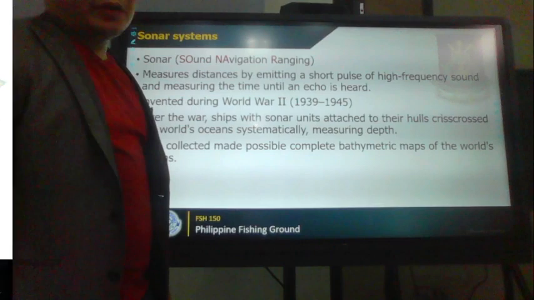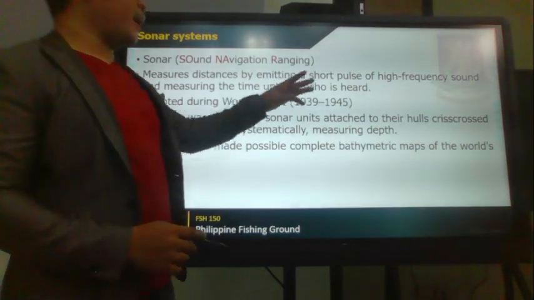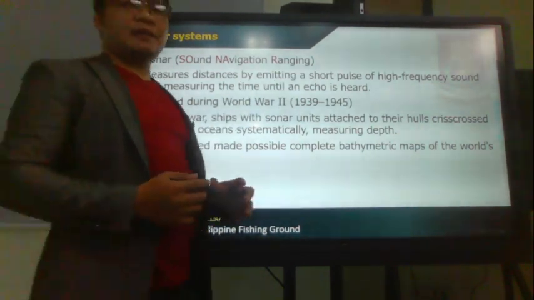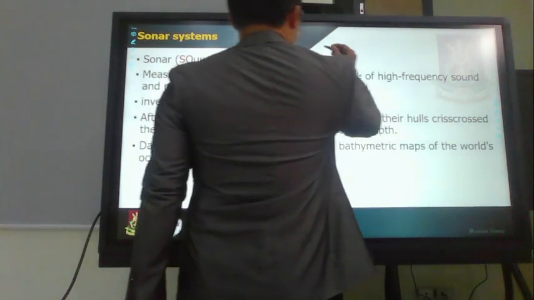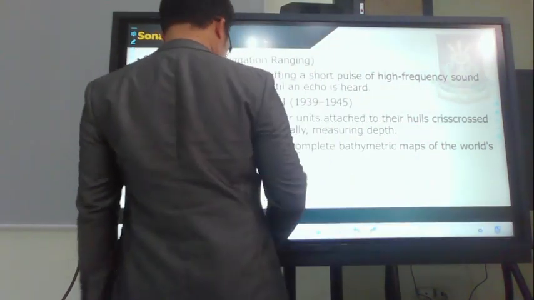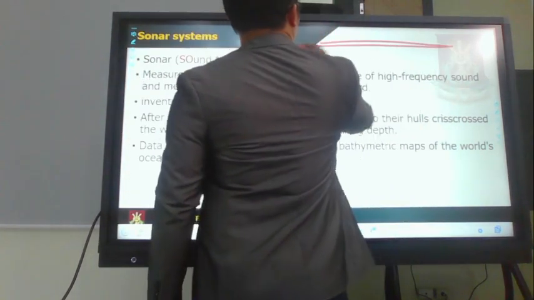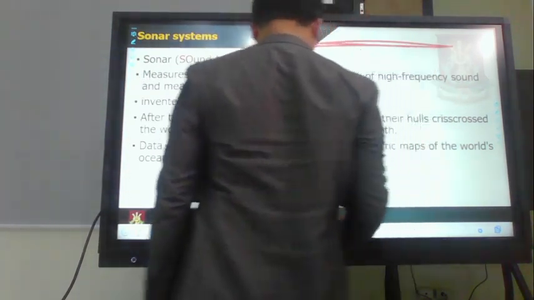So, ano yung tinatawag natin na short pulse of high frequency sound? Now, say for example, pay attention. Say for example, this is the water level, or sea water surface.